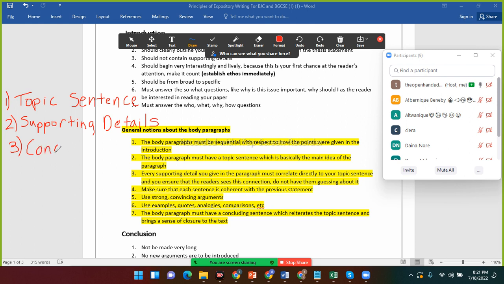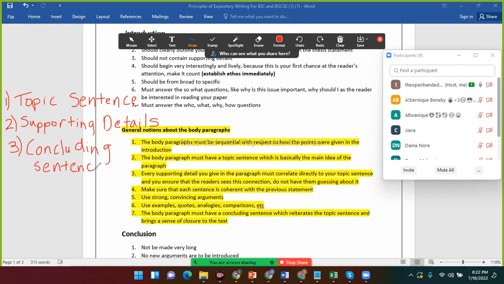So the first question: do I have a concluding sentence? Does it bring a sense of closure? Or does it sound like I am starting a new point? And does my concluding sentence reiterate what I said in the topic sentence? Or does it say something totally different? That was interesting. I saw an essay like that.